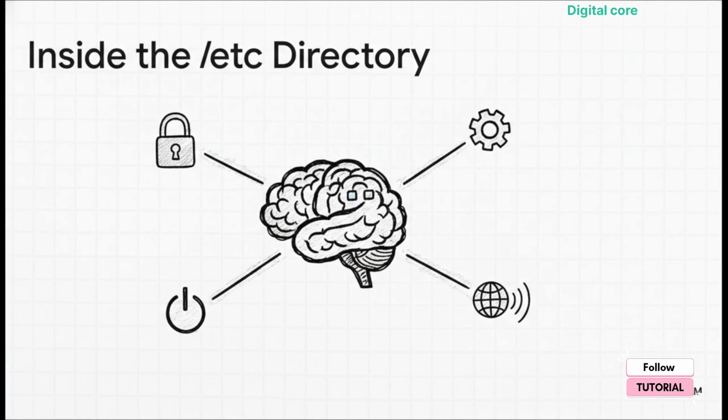This is the /etc directory. You can pretty much think of it as the system's brain. Now, it doesn't store the programs themselves, but it holds the instructions for how those programs are supposed to run. And they're usually just plain text configuration files. So if you need to change a password, reconfigure a web server, or maybe tweak your network settings, all of those instructions are going to be right here in /etc.